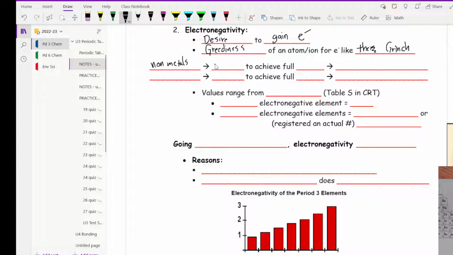Gain electrons to achieve a full octet and therefore have high electronegativity.